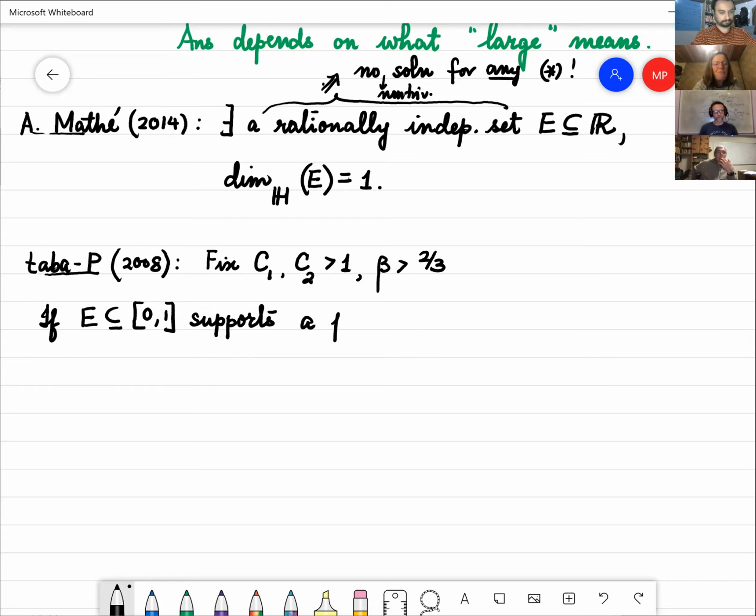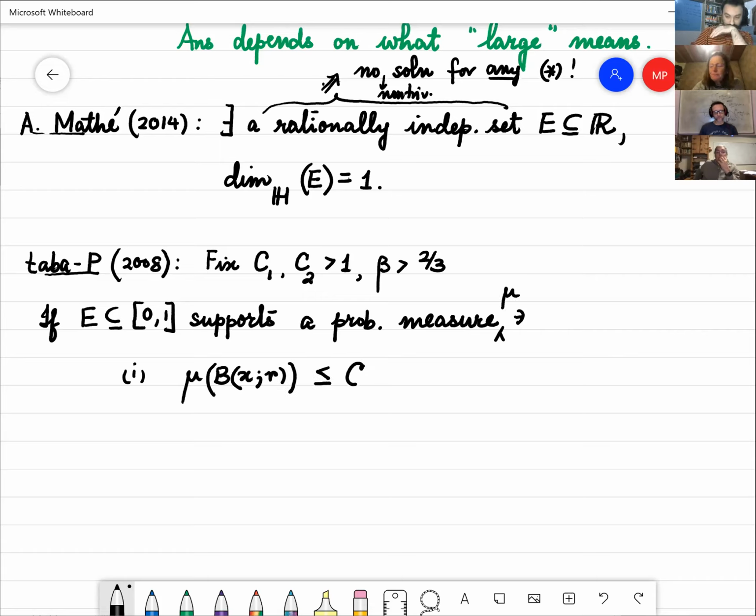If E supports a probability measure such that two properties are satisfied, one is a ball condition that the probability measure mu assigns to each ball a mass that's bounded by C1 times the radius to the alpha, and it obeys a Fourier decay condition.